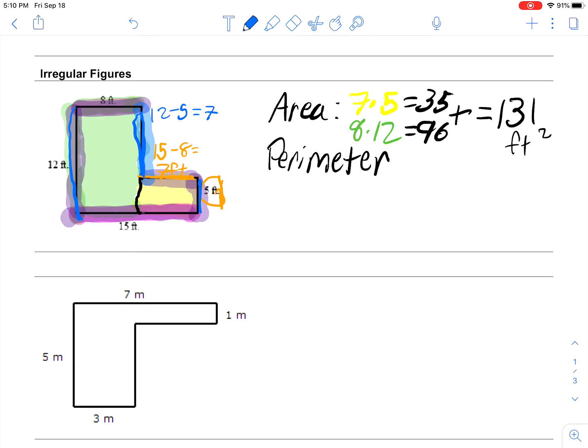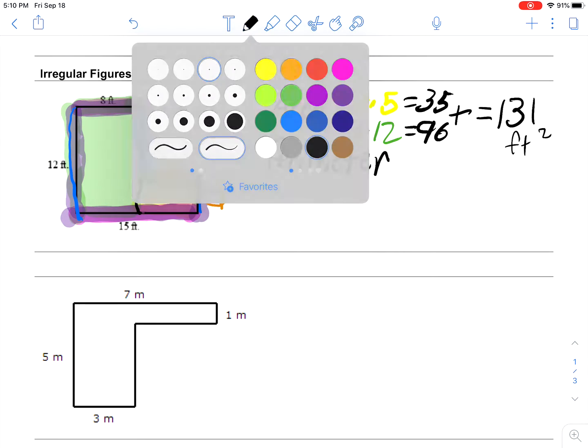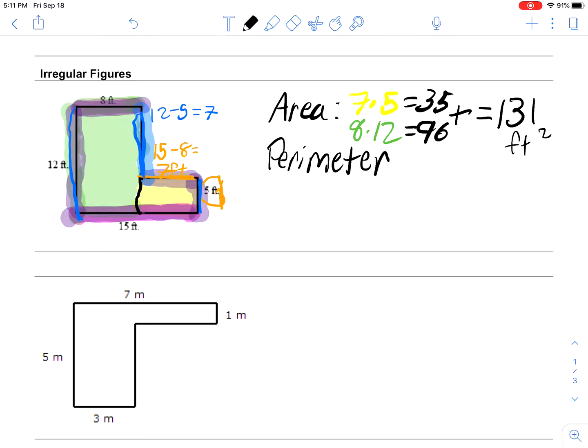So then tracing around the edge to find the perimeter of the whole shape, I have 12 plus 8 plus 15 plus 5 plus 7 plus 7. Okay?